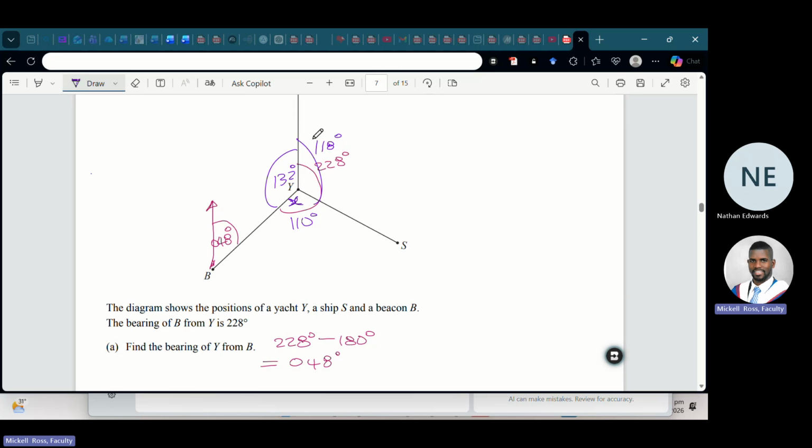So remember, they tell us the bearing of S from Y is 118. We did already calculate this angle to be 132. When you add a full turn at Y, you're going to get 360. But this is 132 and 118, so the remainder must be 110 in order to get a full angle of 360 degrees.